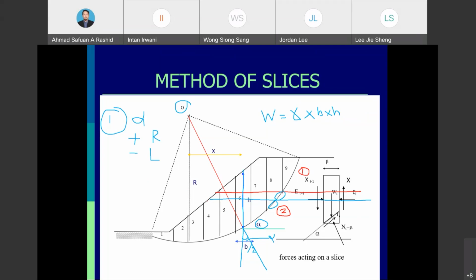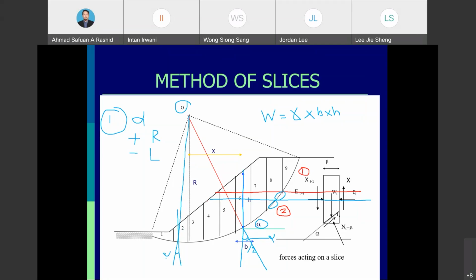For example, in this case, this alpha is positive. Let's say for slice 2, we draw a straight line from the center and then draw a center line of slice number 2. So then we obtain the alpha.